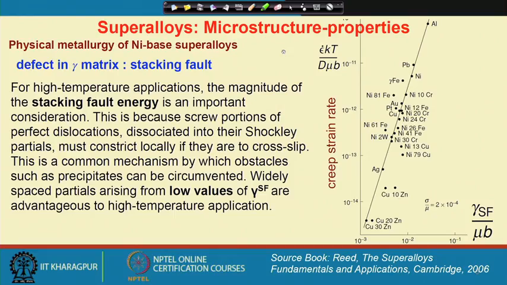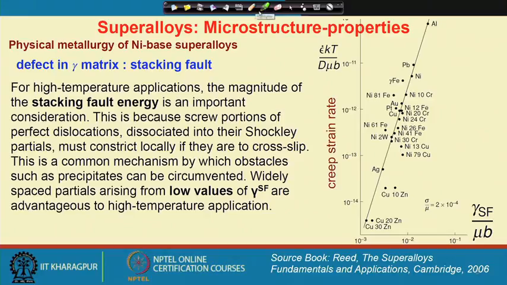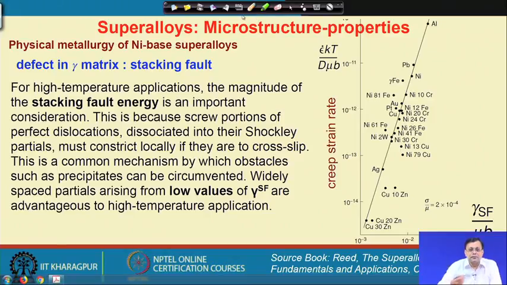There are many different types of defects also available in this gamma prime phase. So, definitely point defects will arise and it depends on the temperature of the application. However, stacking fault is one of the very important major defects in the gamma matrix also.